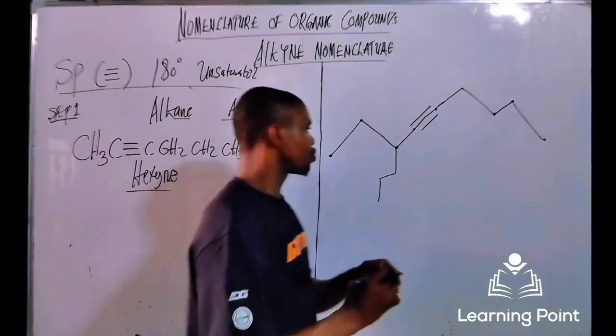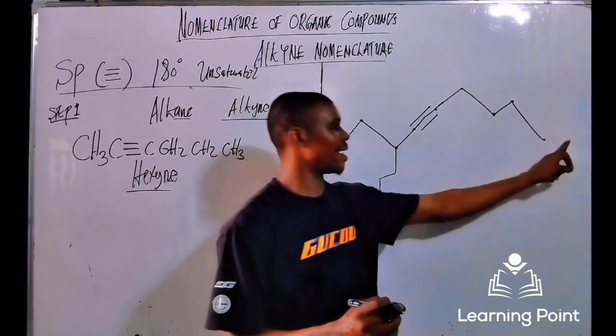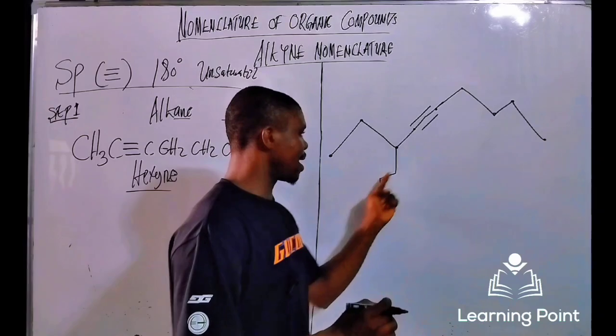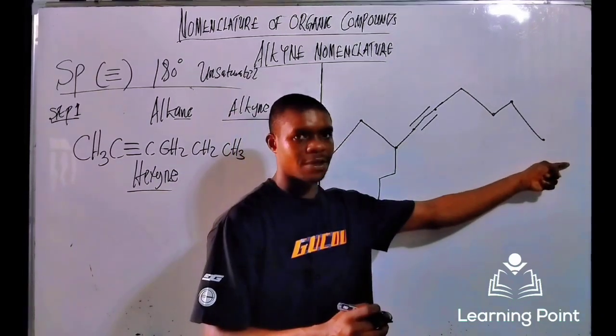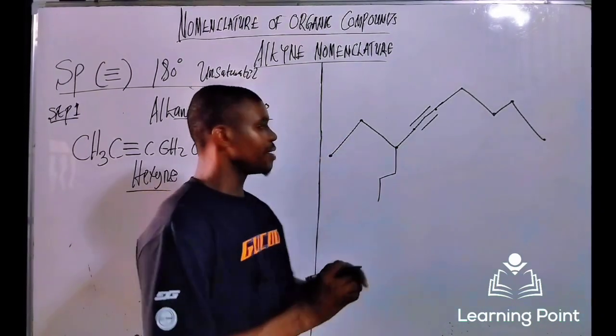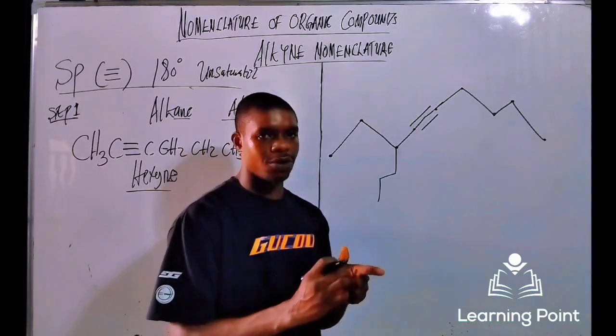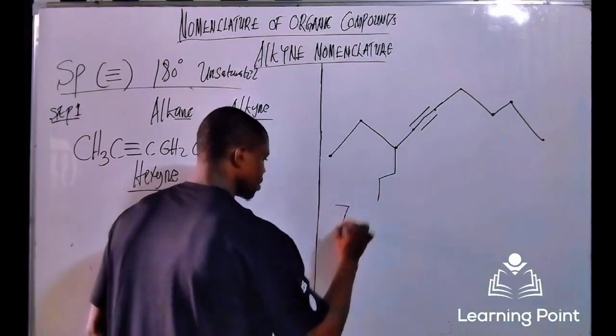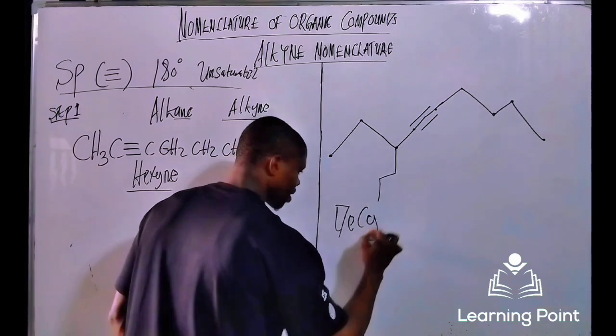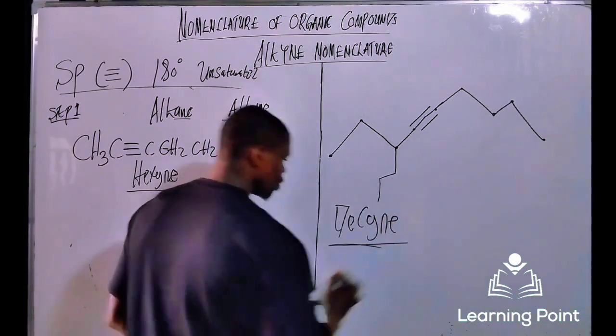Can you see that? From here to here is 9, but from here to here is 10. So my parent chain here that contains the triple bond is decyne.